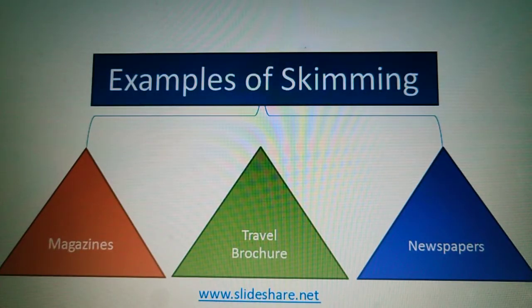Okay, here is the example of skimming. Where can we skim the text? Sometimes in magazines, travel brochures, and newspapers. The readers may read these kinds of things in order to get the overall information from the readings.